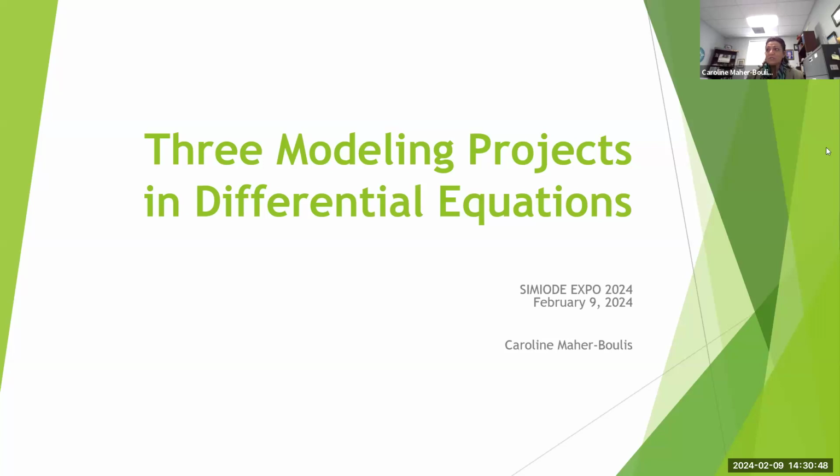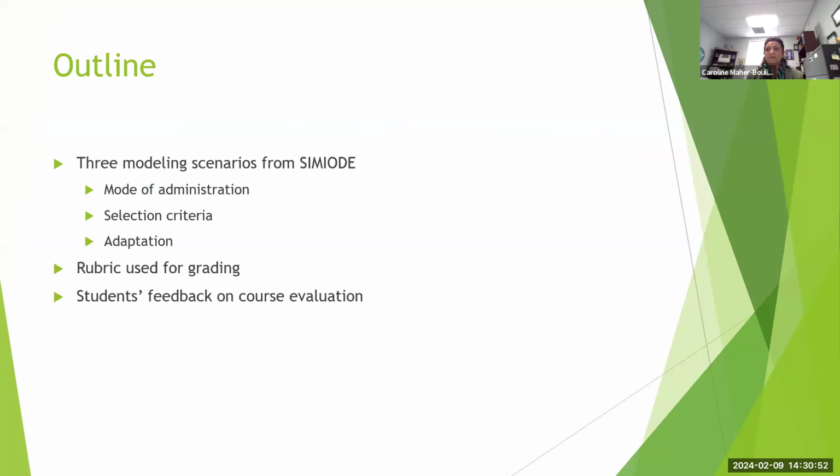So in this presentation, I'm going to share 3 modeling projects that I have used in the last 2 years, how I administered those applications, what criteria I used to select the applications, and how I adapted them. All 3 I've adapted, some in very small ways and some in larger ways, based on my population of students.